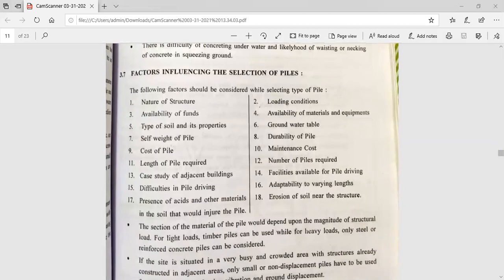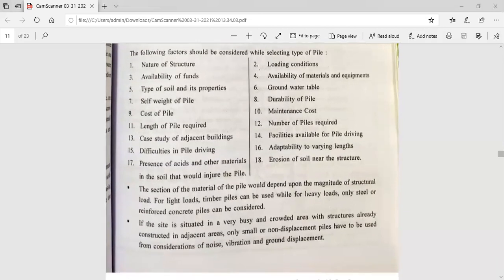First one is the nature of structure, its loading conditions, availability of funds, availability of materials and equipment, types of soils and its properties, groundwater table, self-weight of pile, durability of pile, cost of pile, maintenance cost, length of pile required, number of piles required, case study of adjacent buildings, facilities available for pile driving, difficulties in pile driving, adaptability to various lengths, presence of acids and other materials, erosions of soil near the structure.